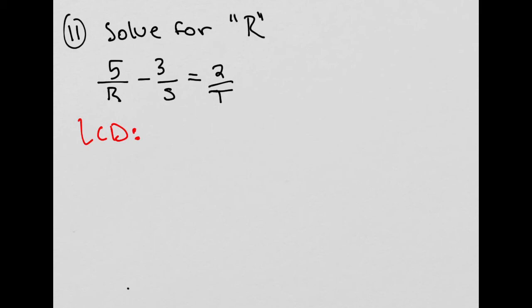So the least common denominator is going to be RST, everything that you have in the denominators. So the first term is missing the ST on both sides. The second term is missing the RT. And the last one missing RS.